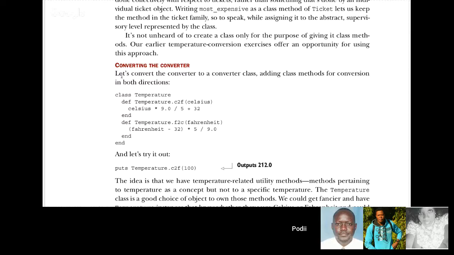Okay. Makes sense. So if you're converting 100 degrees centigrade to Fahrenheit, you don't need 100 degrees centigrade to be an instance for that to be converted. Yeah. So Temperature, according to this, is an abstract concept that you don't create instances of to work with it.